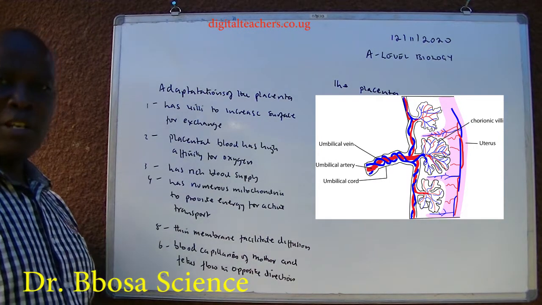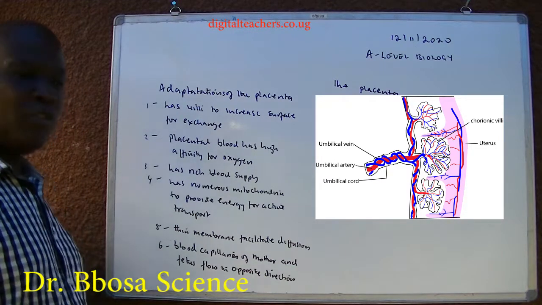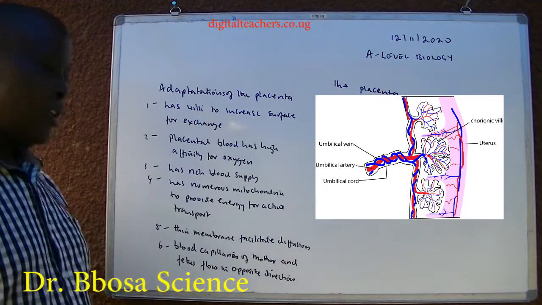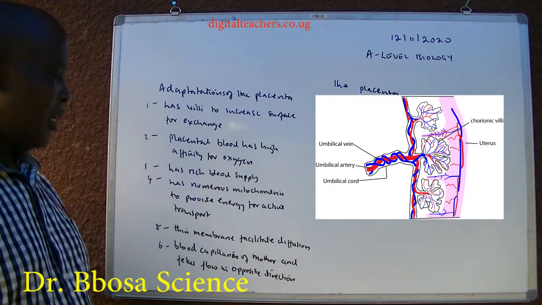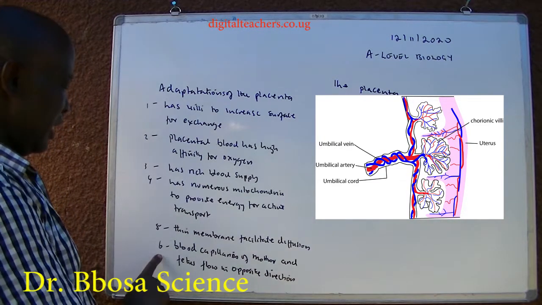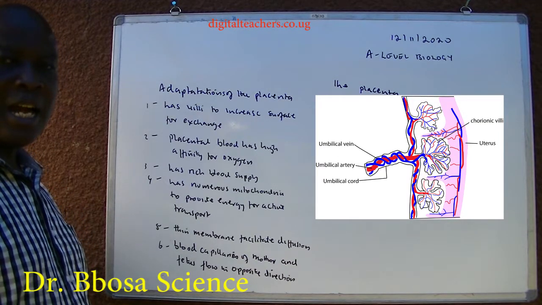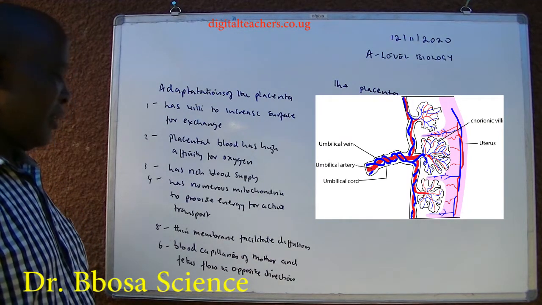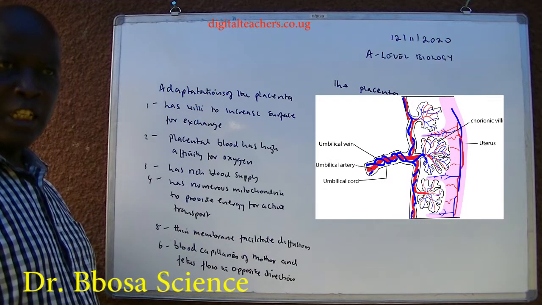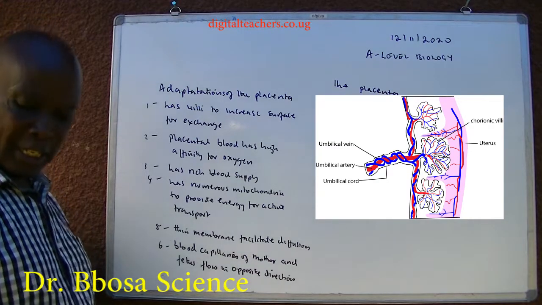Has numerous mitochondria to provide energy for active transport. 5. Thin membrane facilitates diffusion. 6. Blood capillaries of the mother and that of the fetus flow in opposite direction to maintain diffusion gradient.